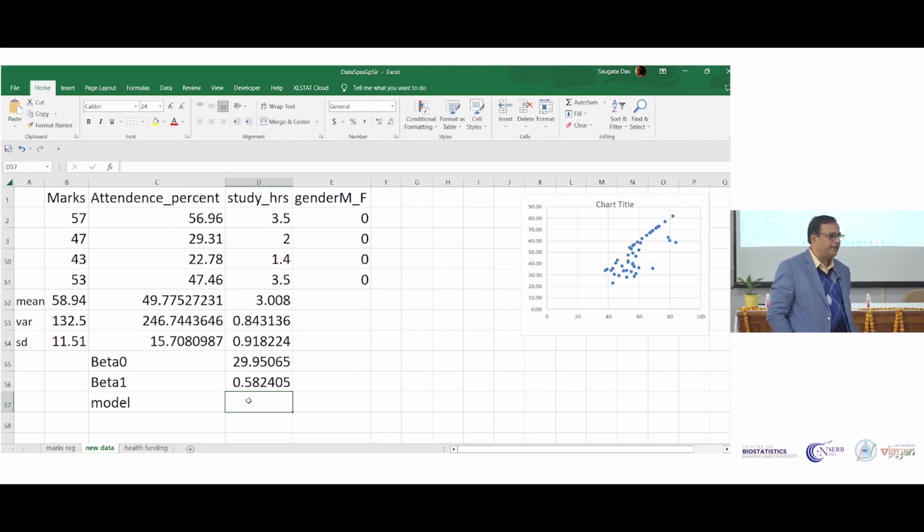But due to mathematical reasons, it is incorporated in the model.